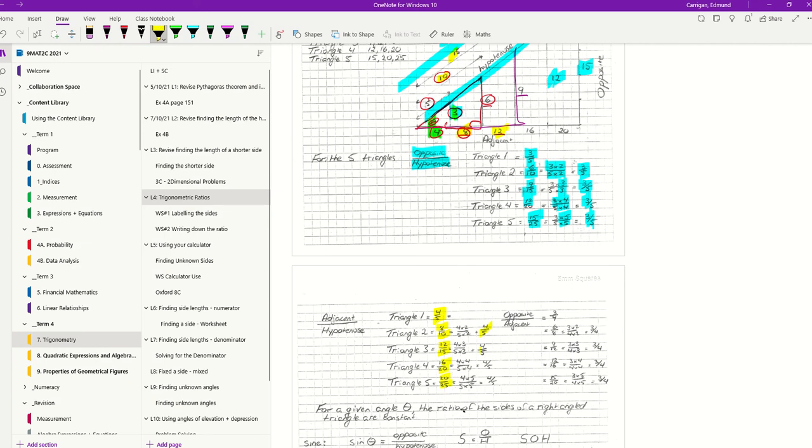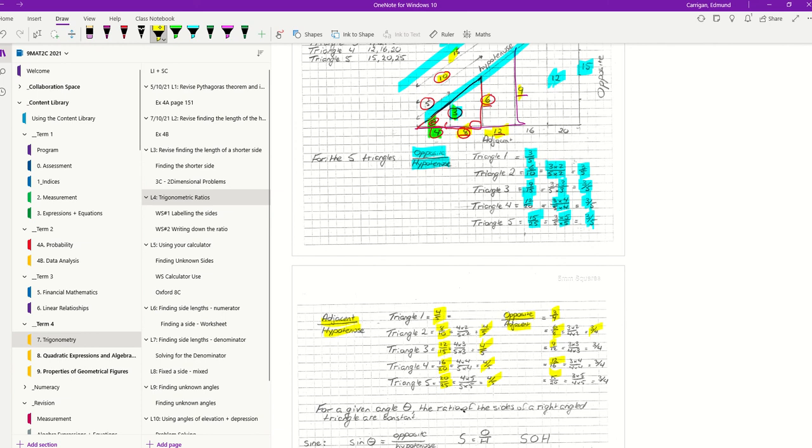And when we go through, we find the ratio is 4 on 5 for all of those. So that is adjacent over the hypotenuse. And then if we do the opposite over the adjacent, a similar thing, opposite over the adjacent would be 3 on 4, or 6 on 8, or 9 on 12, etc.